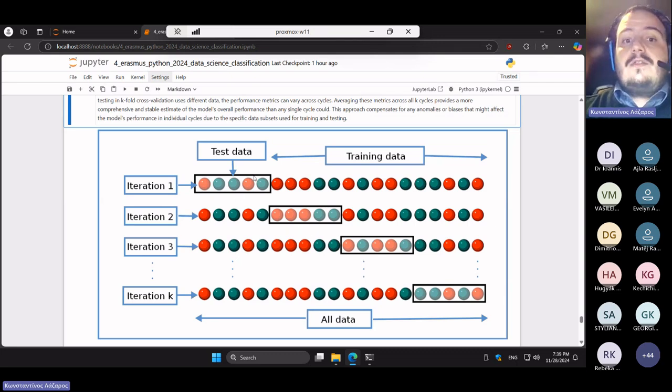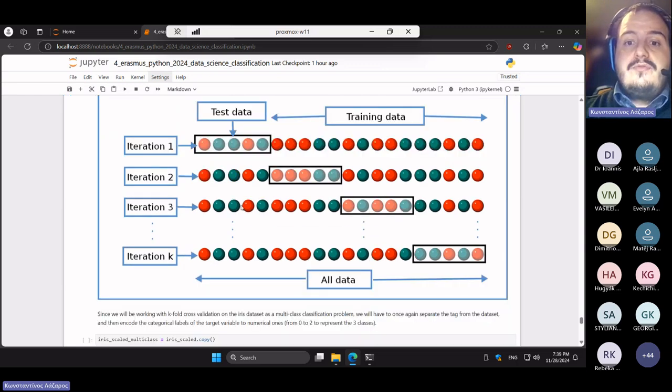You can see that in the first iteration, we used these particular samples as our test set. In this second iteration, these are the samples we're going to use to evaluate our model, and the rest outside of this bounding box are the samples we use for training.